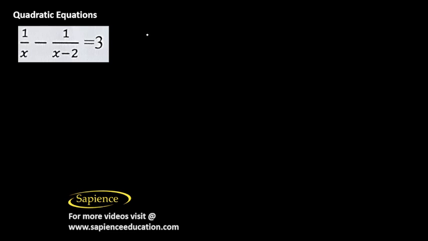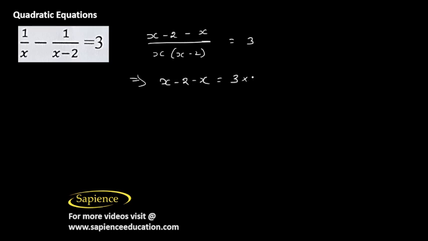We will start by cross multiplication. So x minus 2 minus x divided by x into x minus 2 equal to 3. Now I will take the denominator to the right hand side, and left hand side will be x minus 2 minus x equal to 3 into x minus 2.